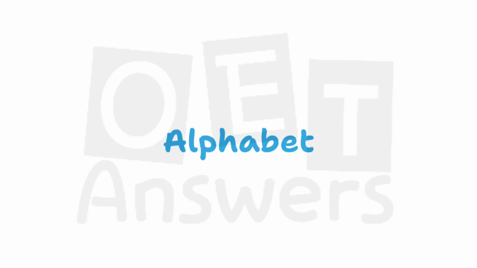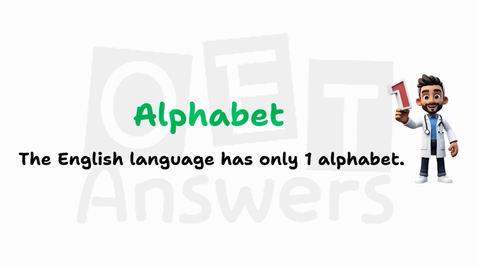Alright, so what about the alphabet? You have heard this, right? Definitely everyone might have an idea about the alphabet. In the English language, we have only one alphabet. An alphabet is a set of letters, or a series of letters, that represent sounds in a language.